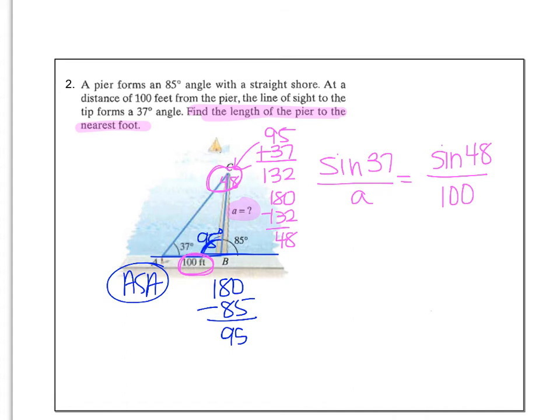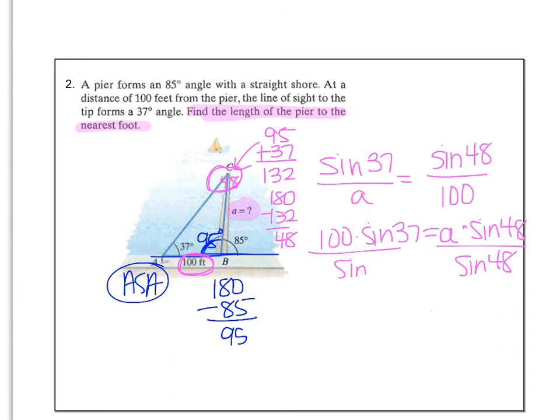Then we just finish cross multiplying. 100 times the sine of 37 equals A times the sine of 48. Divide by the sine of 48 to move it to the other side. And type that part on your calculator. And you should get, again, it says round to the nearest foot, so it's going to be 81 feet.